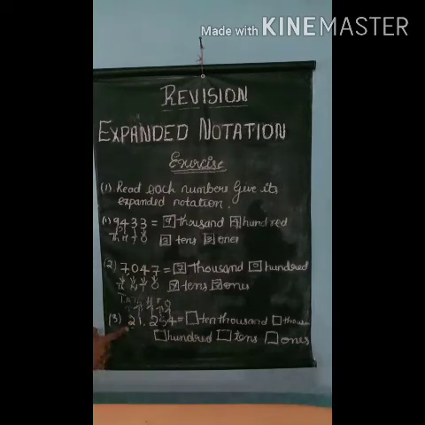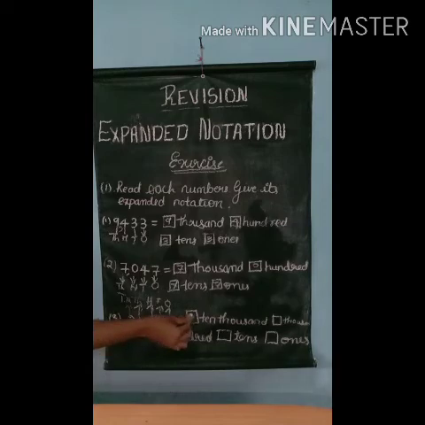So first we take this number 2. Number 2 in which position here? 10,000 position. So we multiply 2 by its place value. So 2 multiplied by 10,000 is 20,000.